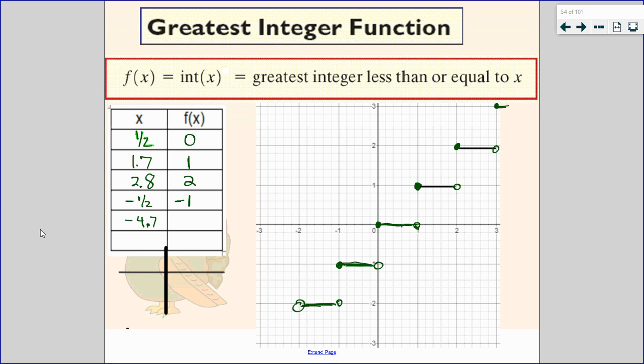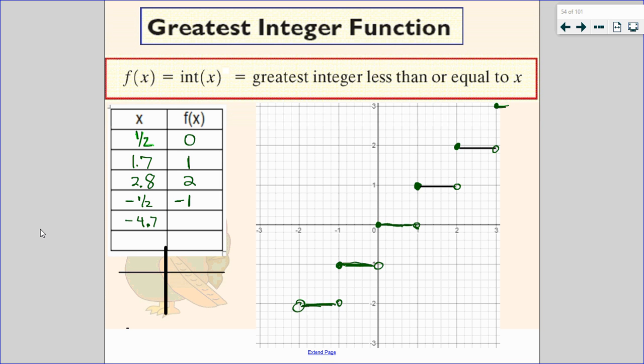The integer that it outputs is 0. Now, if you put in 1 to the function, what integer is as close to 1 without going over? It's 1. So that's why it jumps. So you can see the range of this function is integers. That's why it's called the greatest integer function, or INT. So that's why you have these jumps, because the output, f of x, is always going to be an integer, not anything in between that.